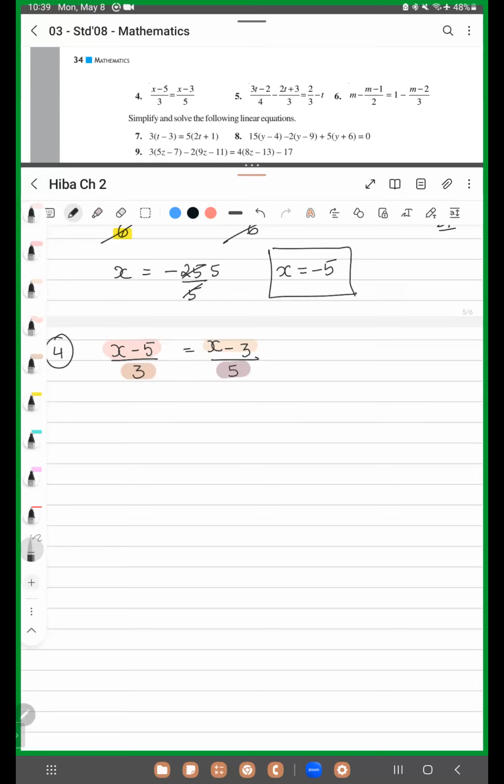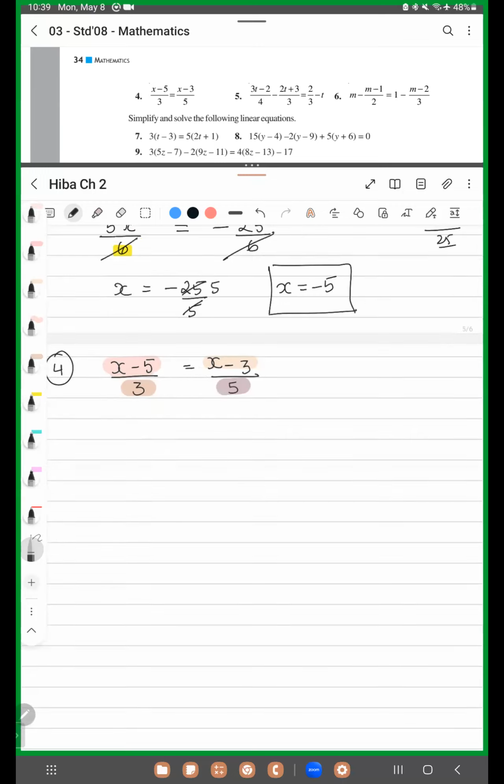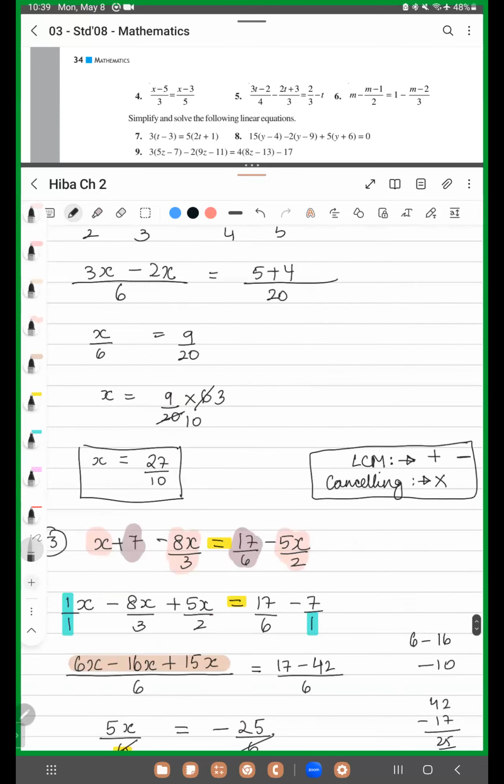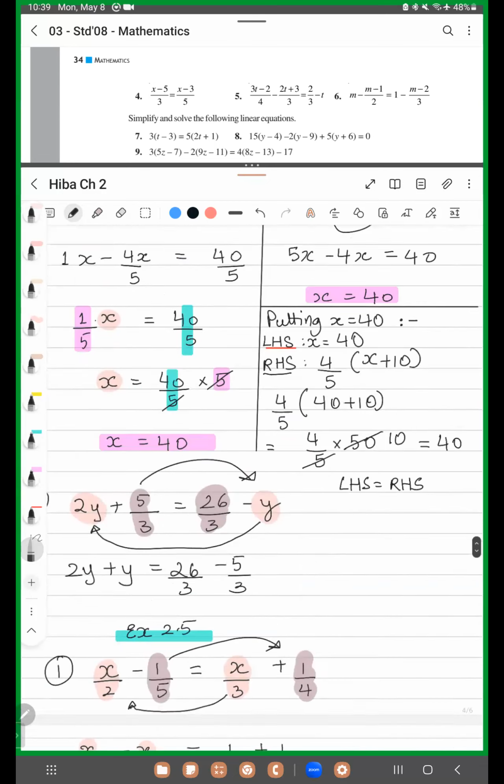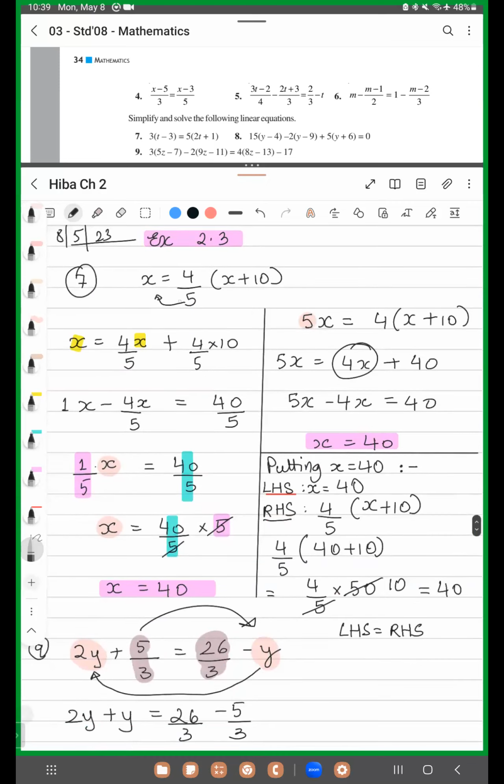हिबा, अभी तक आपके पास ऐसा था x. Let me give you an example from this. This one, 4 by 5. Is 5 को we took it to the other side, yes or no? Yes.